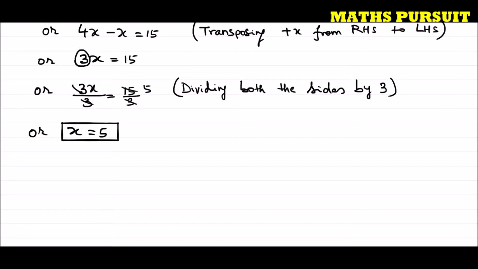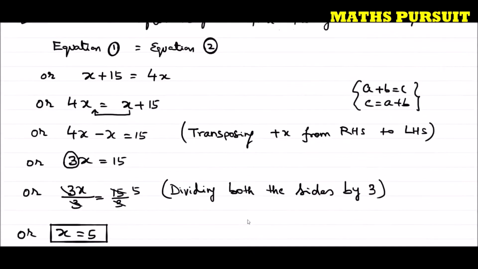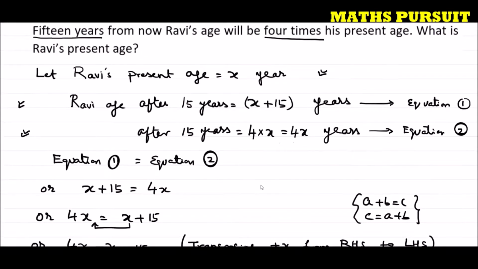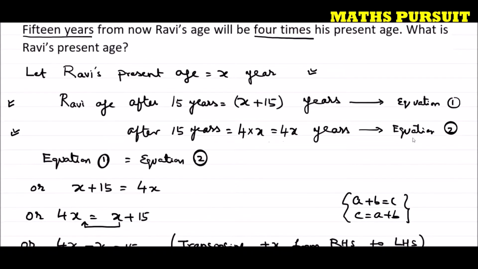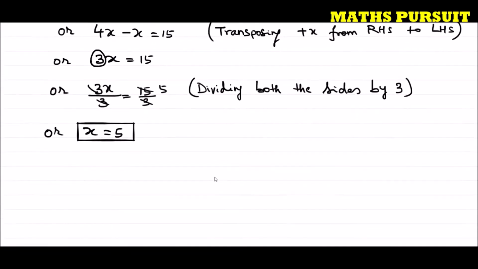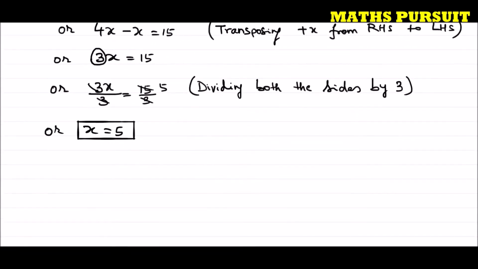Now guys, let us look into the question once again so that we can write our concluding answer. We have considered Ravi's present age is equal to x years, and the question is asking us about Ravi's present age. So we can easily say that Ravi's present age is 5 years.